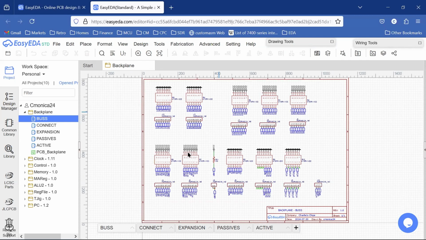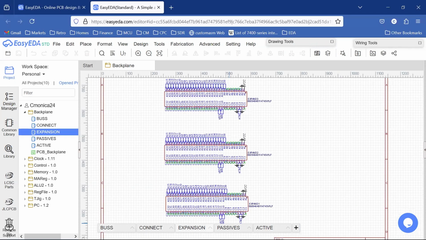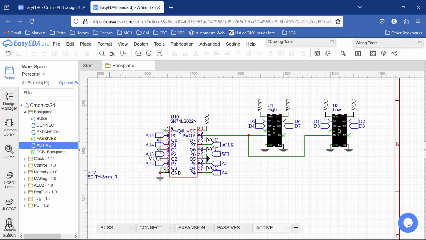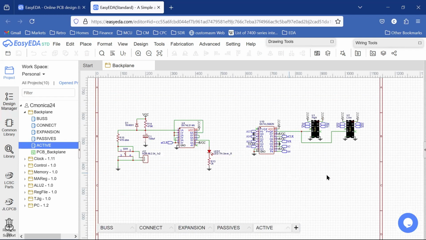You can see there's quite a lot going on. Again, we have our buses, we have our card edge connectors, we have our three expansion connectors, we have our passive elements, and our active elements. All these sheets need to be pulled together into our PC board design.